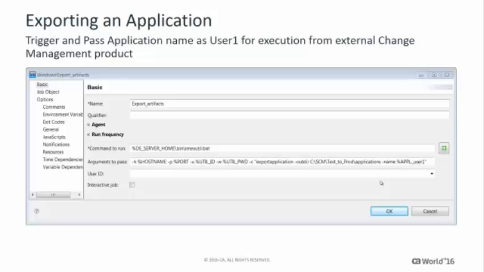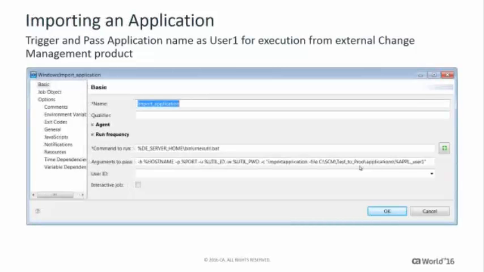So I can trigger this event, pass an application name, and then export out just that name to some directory. My directory here I just call SEM test to prod, and then a particular application name. Importing would just be the opposite, where I'm using an import command, and then specifying an application that I'm importing there.